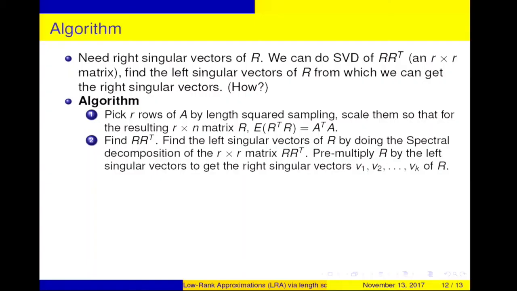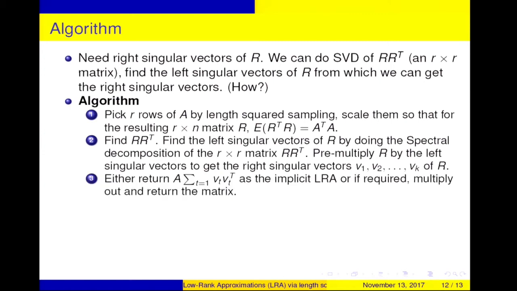Now I picked R, and the expected value of R transpose R is A transpose A. But I find the other thing, R R transpose. Find the left singular vectors by spectral decomposition. Pre-multiply R by the left singular vectors to get the right singular vectors of R. Okay, all that is routine.